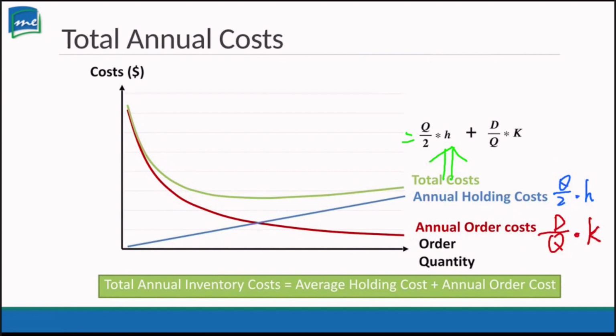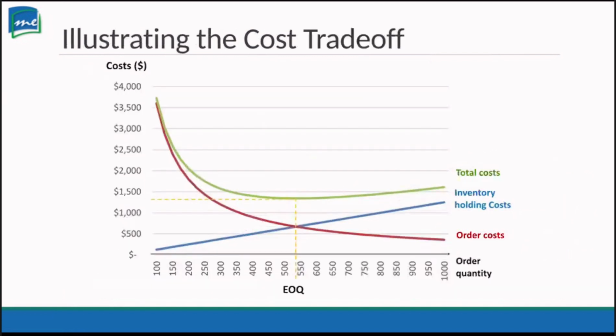So this is the total cost. And if we take a look at these pictures, we will have an idea: when the holding cost equals the ordering cost, we will have the minimum total cost. And according to this information, we know this is the intersection of the blue line and the red line, right?